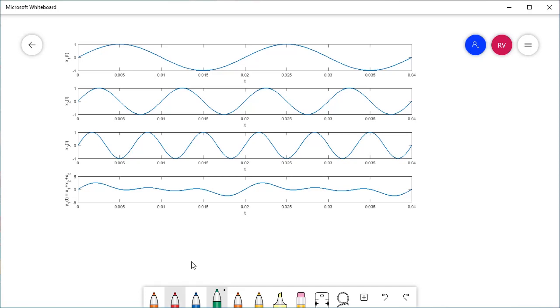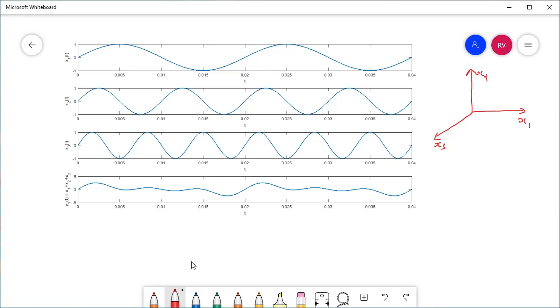I have a sine wave x1 here, x2 which is orthogonal to x1, and x3. I have three sine waves, x1, x2 and x3. Then my signal y1 will be a point in the space constituted by x1 to x3.